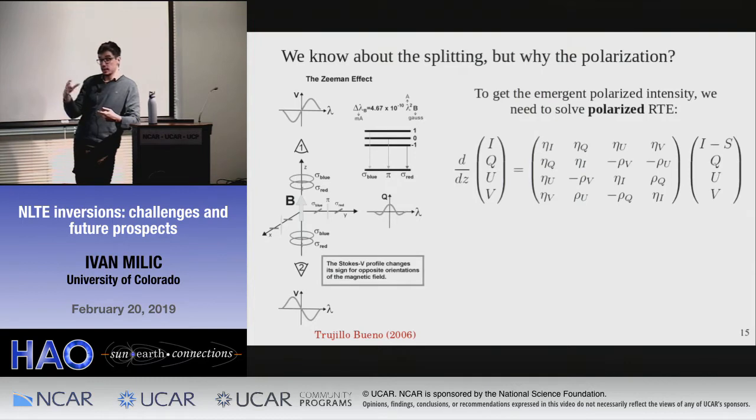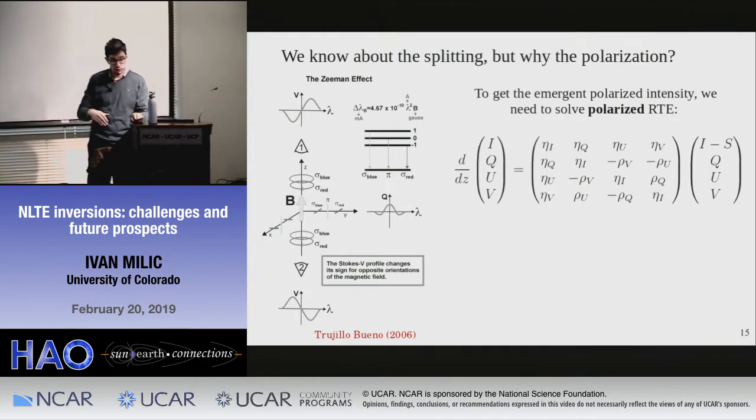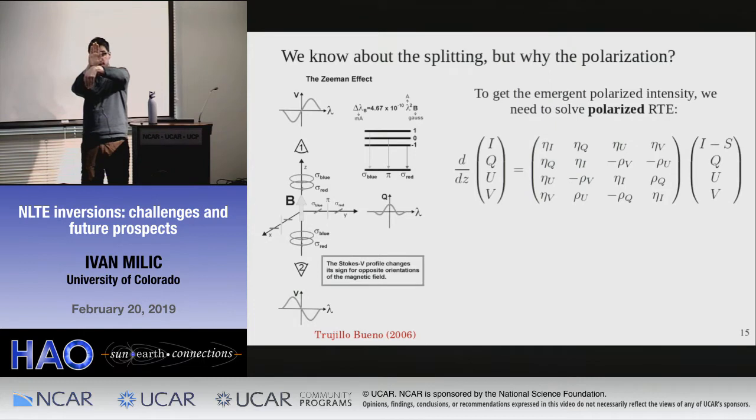But now, because there is a shift in energy, so still keep in mind that they are also split, their energies are also split, which means their wavelengths are split. They would cancel each other if there was no energy splitting, but now I shift their energies a little bit, which means I shift their wavelengths a little bit, and I get this characteristic antisymmetric Stokes V profile here.